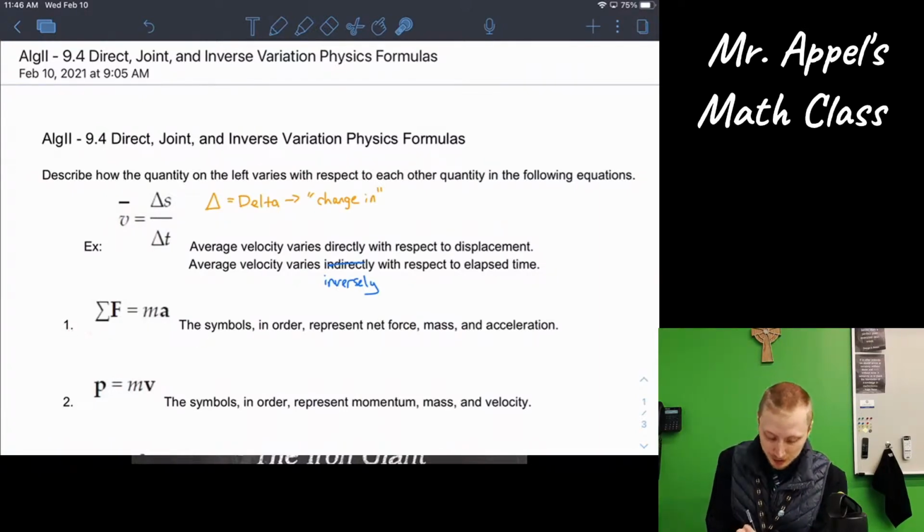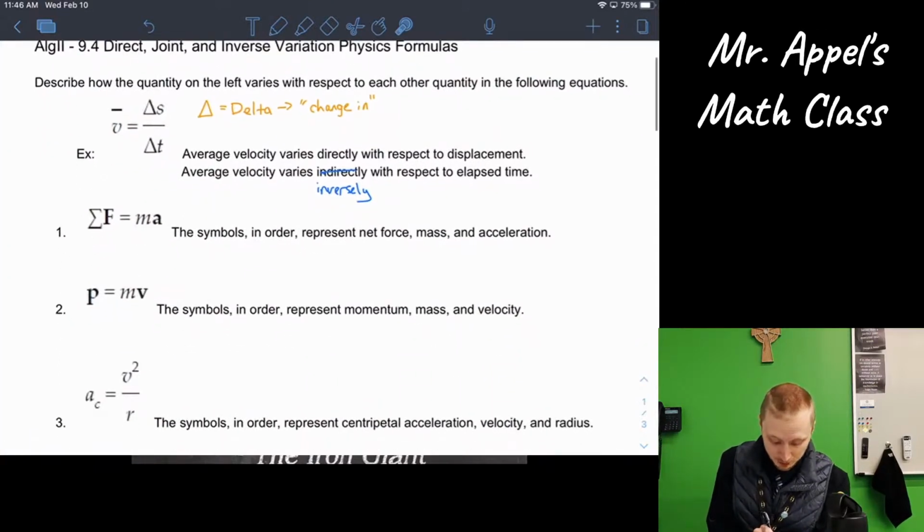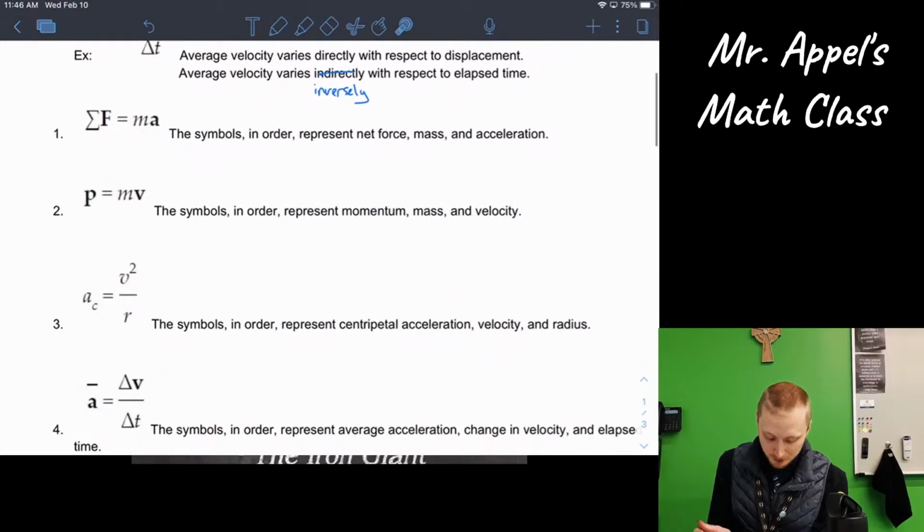So for number 1, the symbols in order represent net force. So this is Greek letter sigma. Sigma F means net force equals mass times acceleration. We've got momentum equals mass times velocity. Centripetal acceleration, notice the little subscript C there, equals velocity squared divided by the radius.